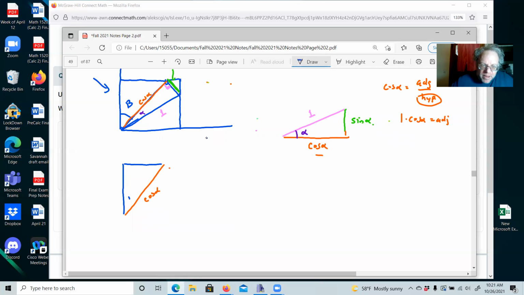We'll do beta in blue. Now, what is the sine of beta? The sine is the opposite over the hypotenuse. I'm trying to find this opposite side here. So the hypotenuse times the sine of beta is equal to the opposite side.